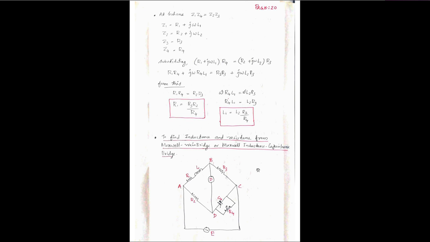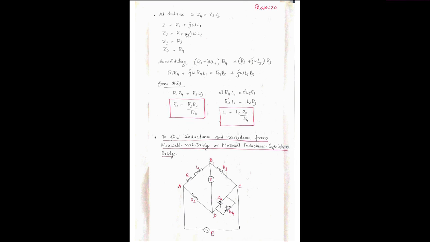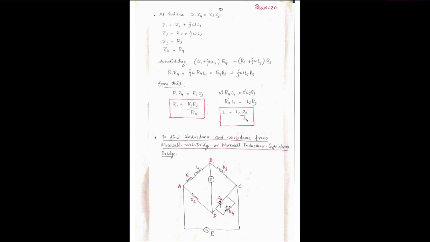At balance condition, we know Z1 Z4 is equal to Z2 Z3. Z1 can be written as R1 plus j omega L1, Z2 as R2 plus j omega L2, Z3 equals R3, and Z4 equals R4. Substituting, we get (R1 plus j omega L1) into R4, which is equal to (R2 plus j omega L2) into R3.